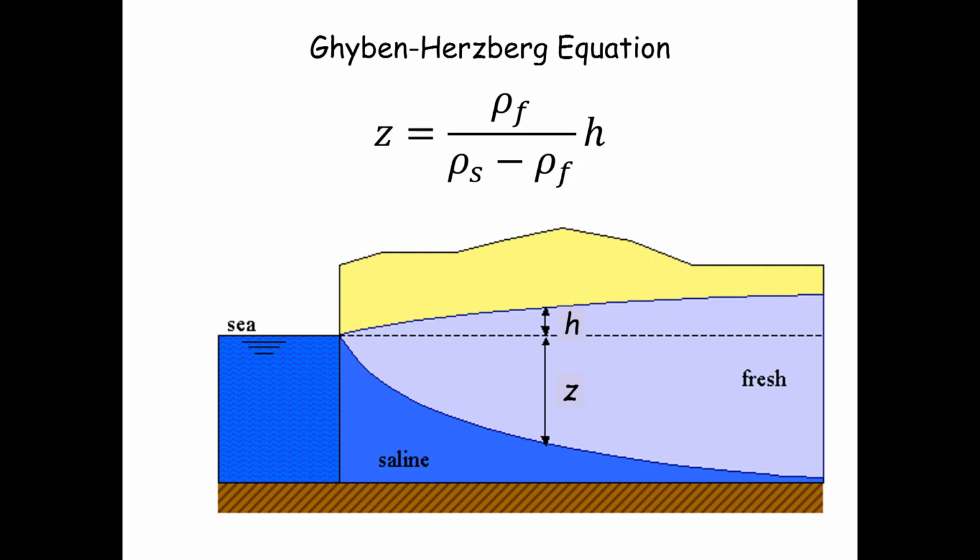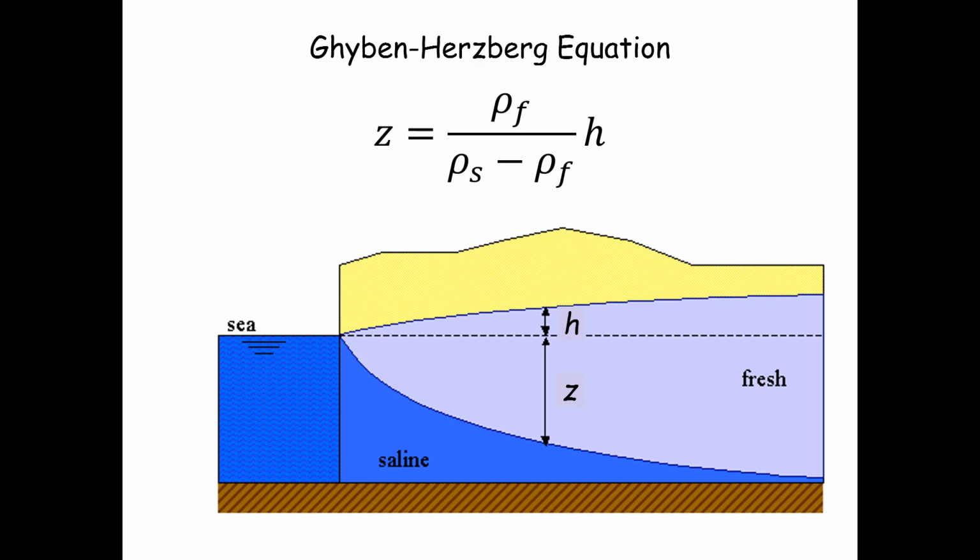The shape of the freshwater region is easily described mathematically if we assume the two fluids are immiscible and the interface is sharp. It's a matter of equating the pressure at the bottom, taking into account the different densities of fresh and salt water. The result is shown here. The height of the water above sea level, here termed h, is equal to the depth to the saltwater-freshwater interface, termed z, times a constant that depends on the densities of fresh and salt water.